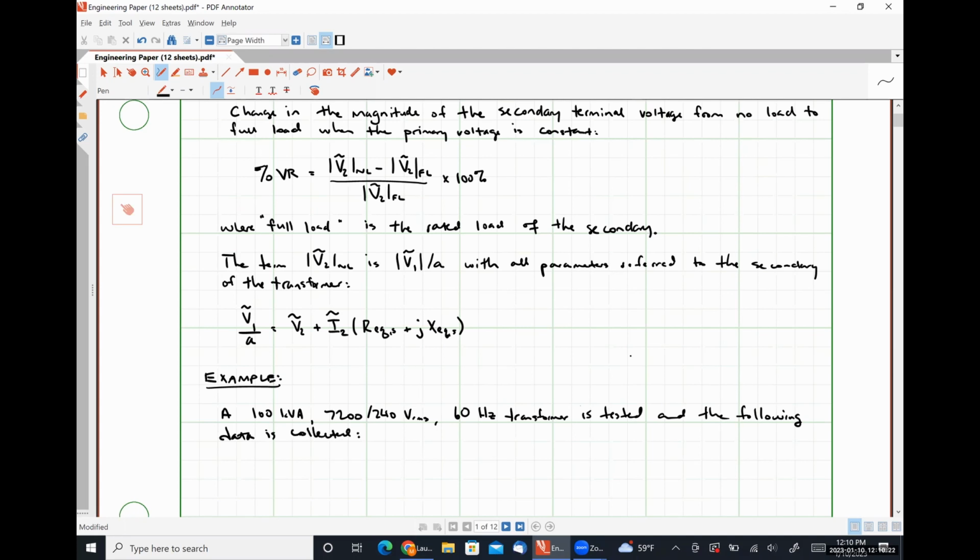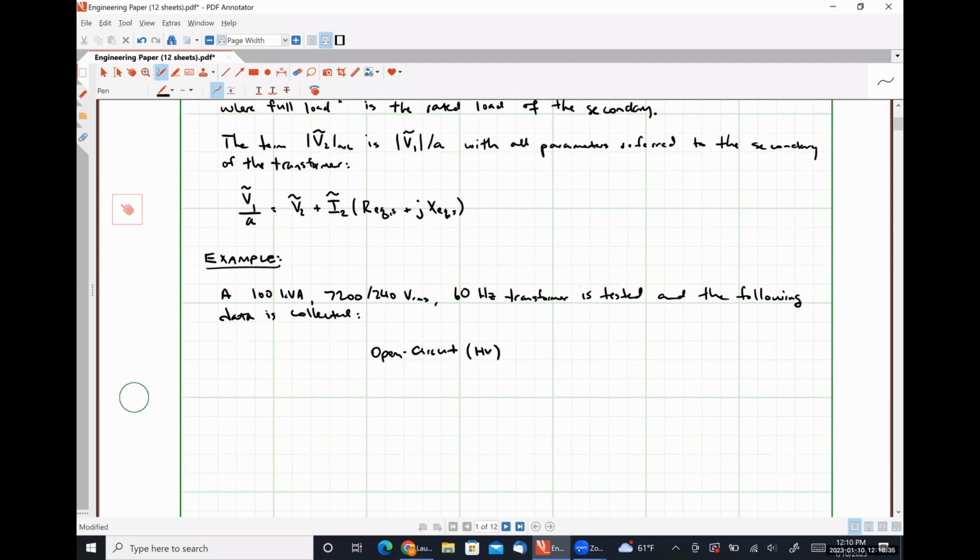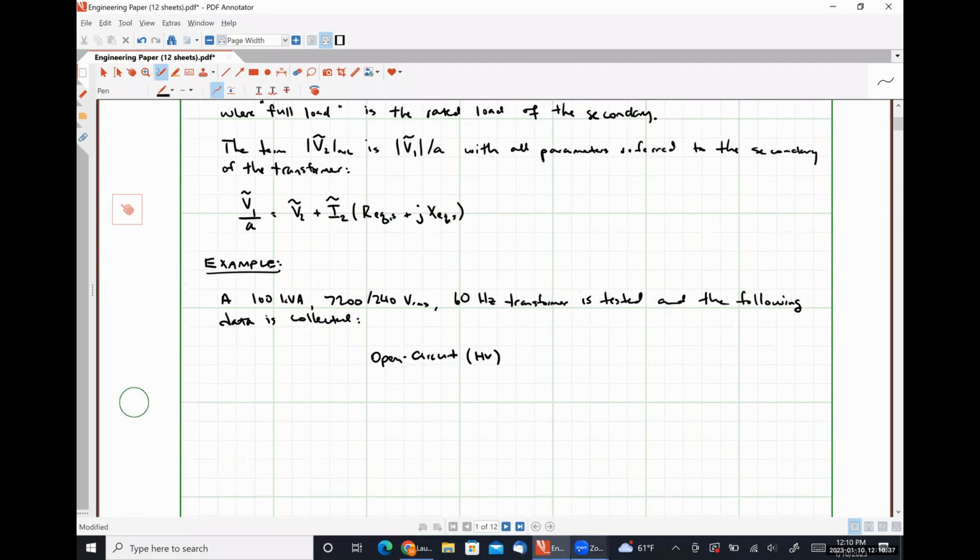So for the open circuit test, our voltmeter measures an open circuit voltage of 7,200.